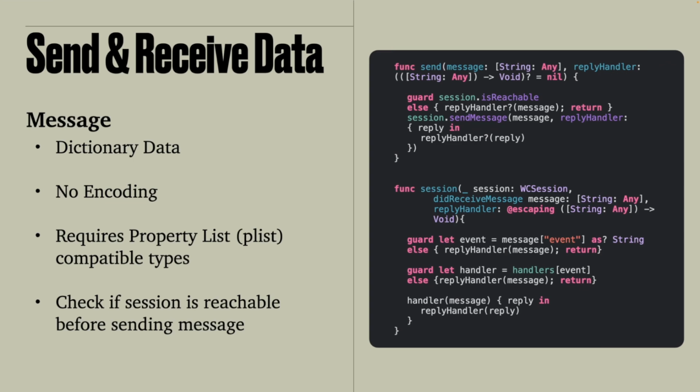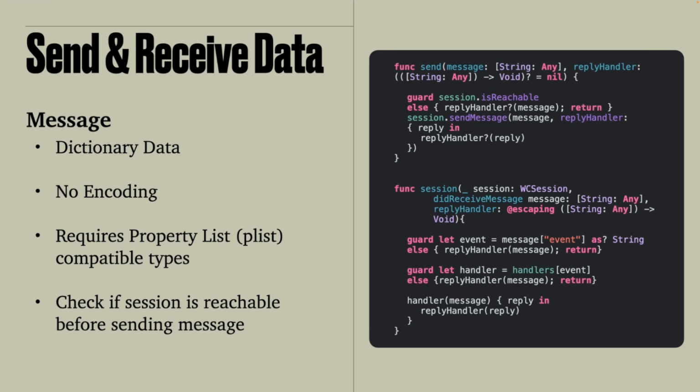And we have it set to also send back a callback, which you could once again handle here instead of forwarding it with the reply handler, or you can forward it like we're doing here. But this also shows how you can check that an event exists and then check that there's a handler that goes with it.